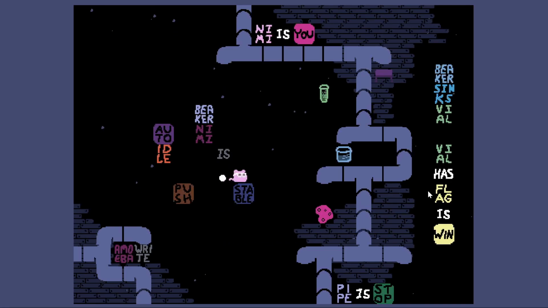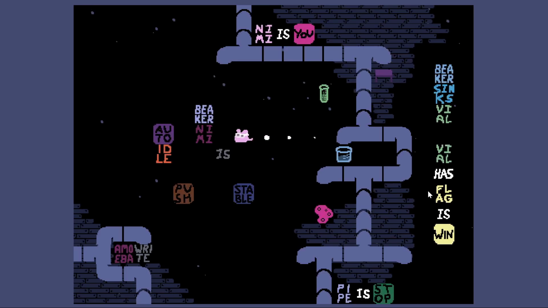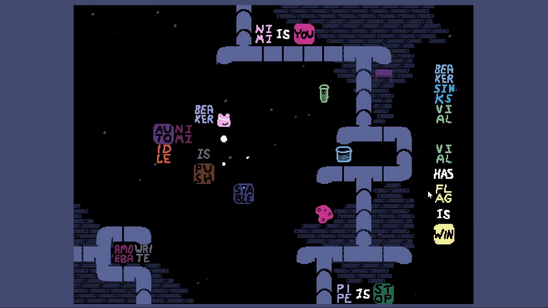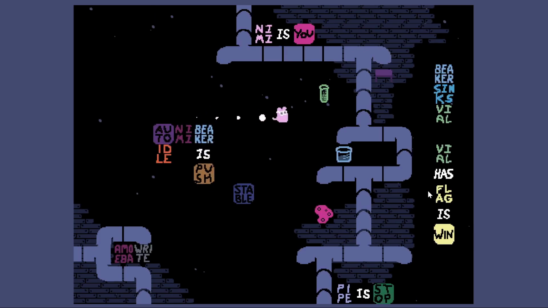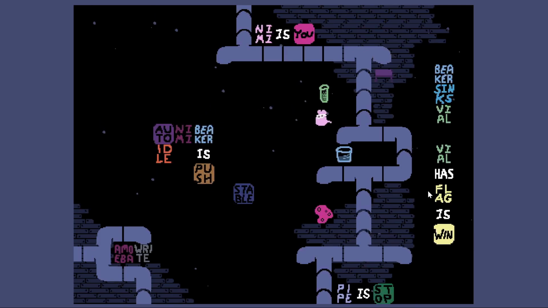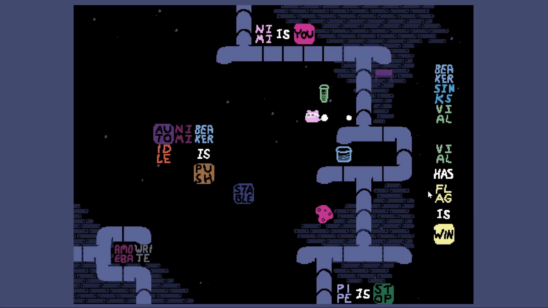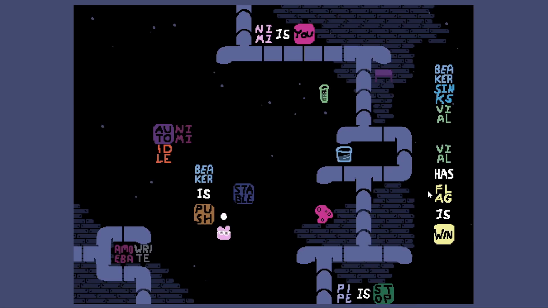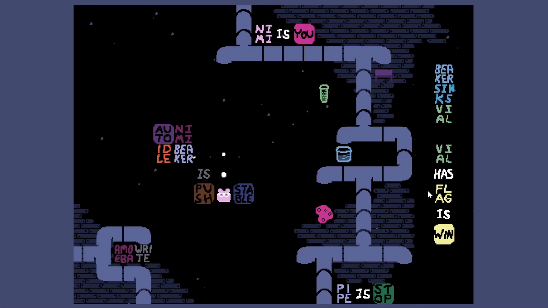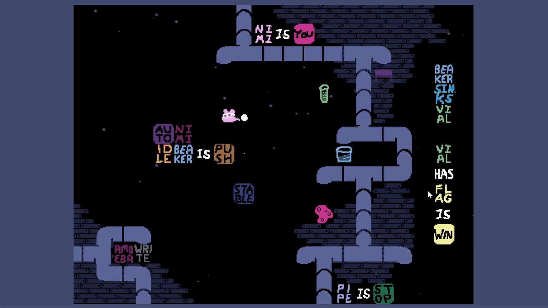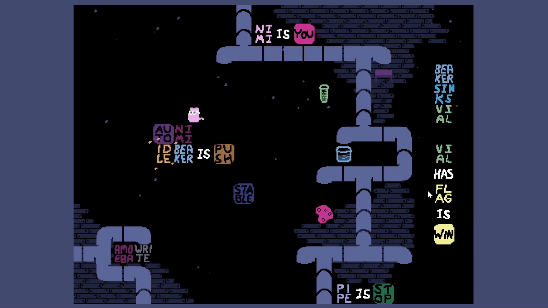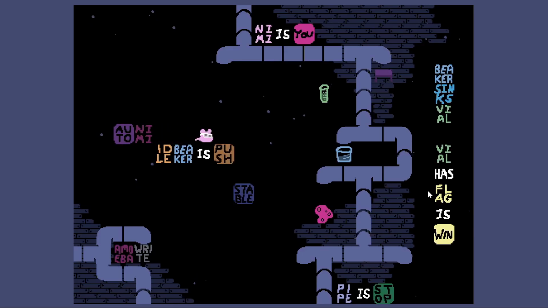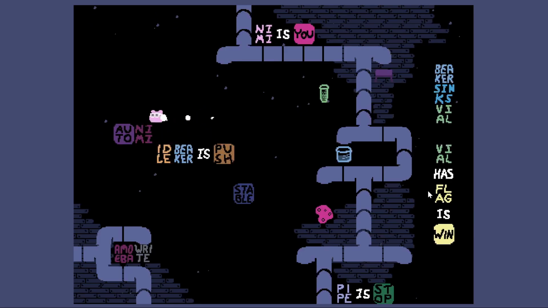Vial has flag is win, and beaker sinks vial. Oh, okay, so I need beaker to be push, but I need to be inside this little crevice here so I can push it outwards. Interesting. I can also make... What can I make? I can do idle beaker as push.